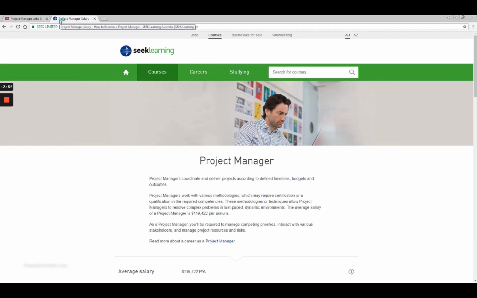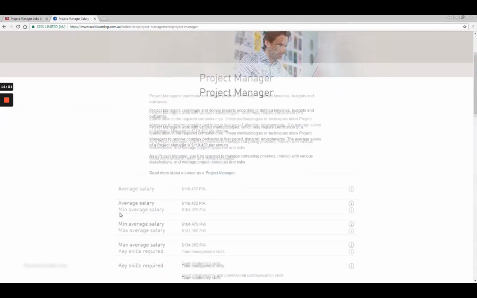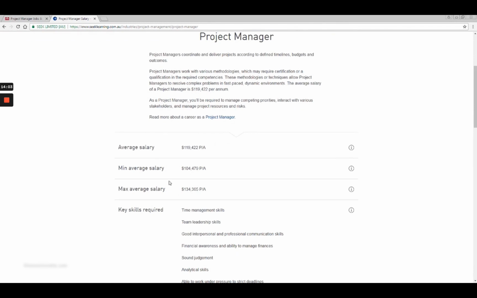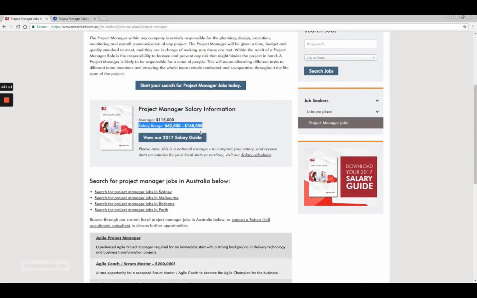And what you're going to find here is that the average salary for a PM is $119,000 per year. And if we scroll down a little bit, we're going to see that the minimum average salary is $104,000 and the max is $134,000. So that's a little bit different than what we saw a moment ago, but not too different.